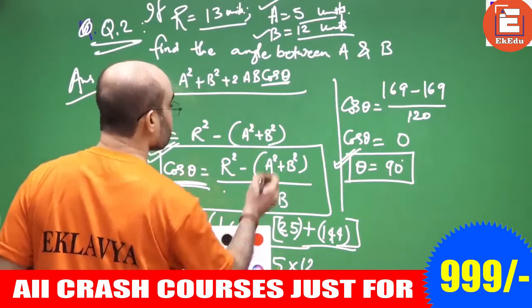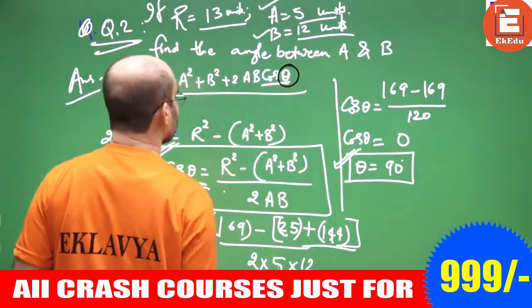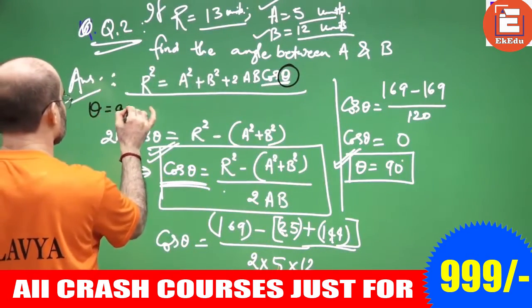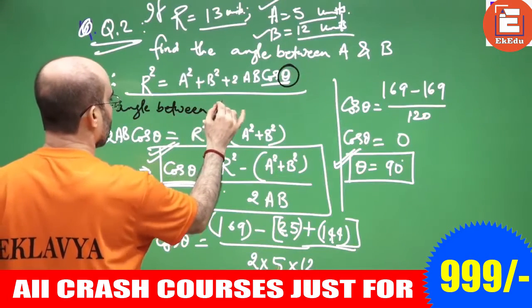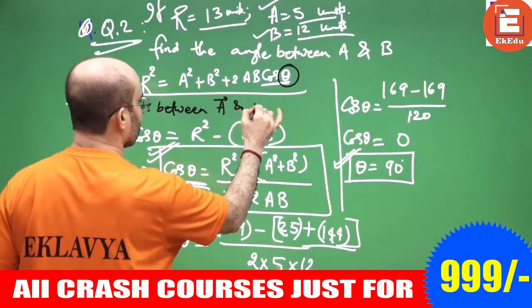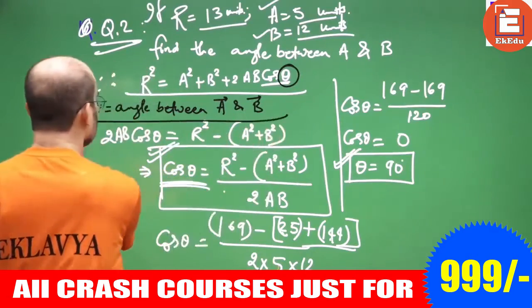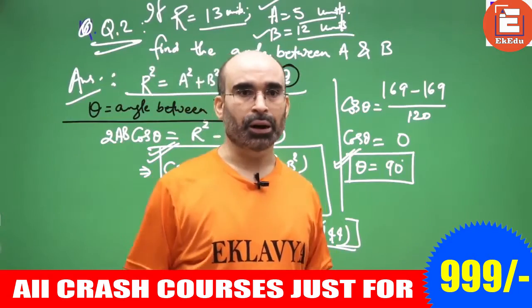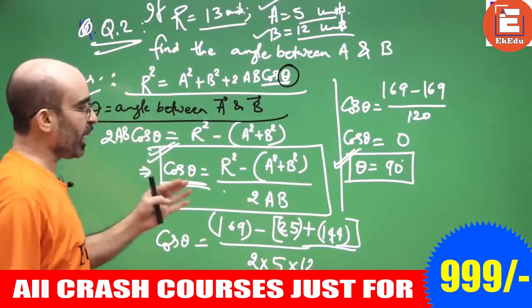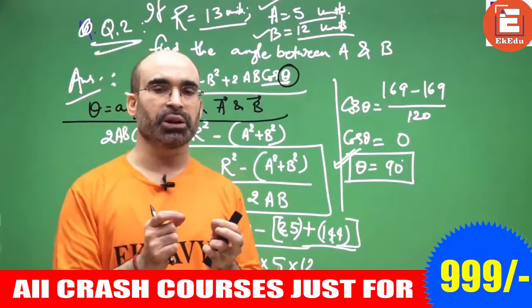Theta is the angle between vector A and vector B. Understood? This is what we need to do. Is that clear? Okay, so this we have a very simple understanding.